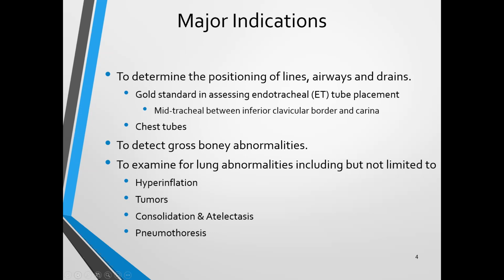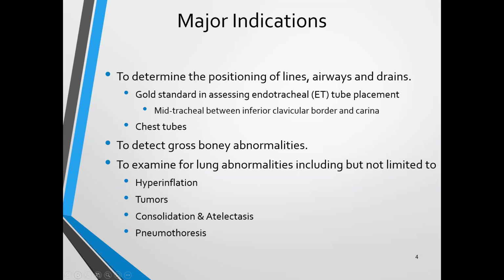In addition, another major category of indications is to detect gross bony abnormalities. So certainly trauma would fall into this category, whether it's a baby or a younger or older pediatric patient. Accidents, even household accidents, are a common cause of doctor visits and hospitalizations in this population.